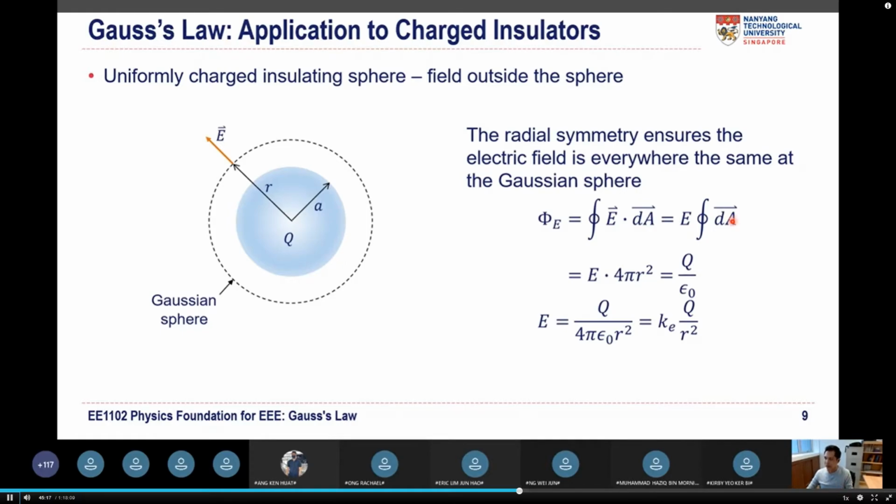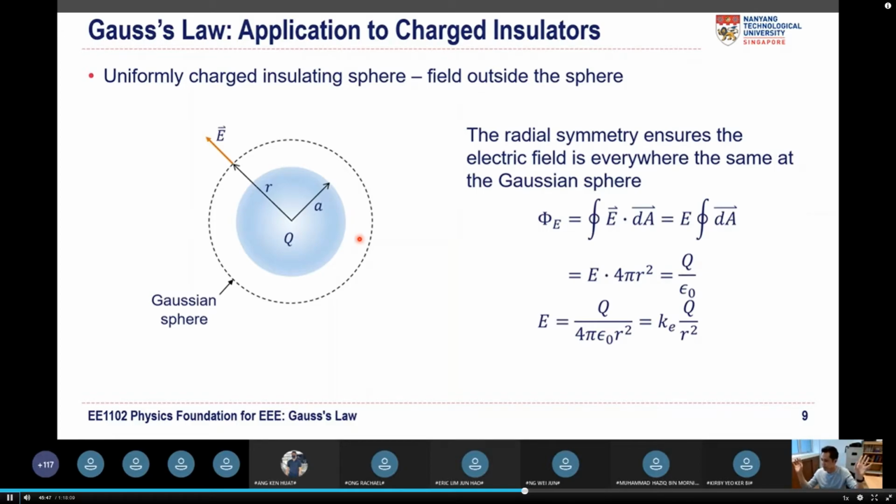So let's look at how we can apply Gauss's law to charged insulators. In these examples, we'll be considering insulators as well as conductors. Insulators are where the charges cannot move and they are fixed in position. So when we say there is a charge distribution in an insulator, the charge distribution never changes.